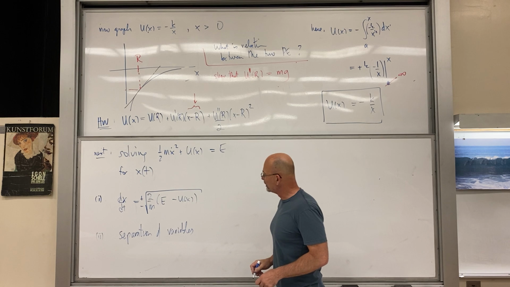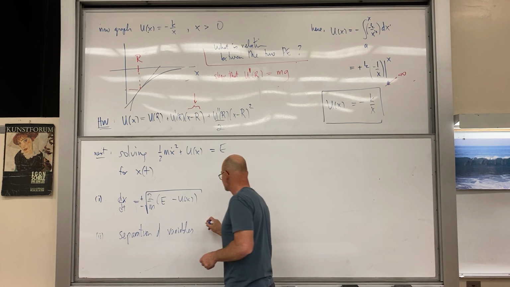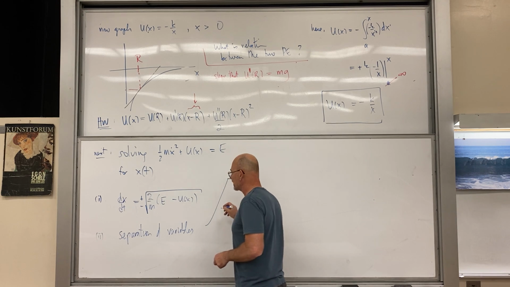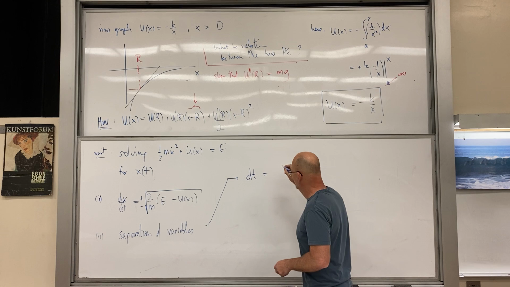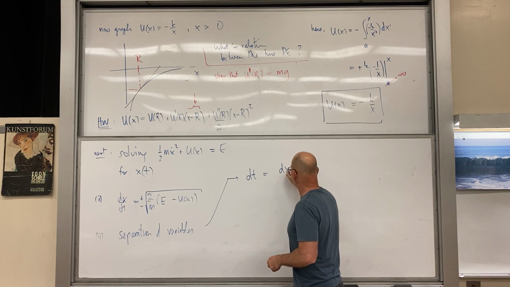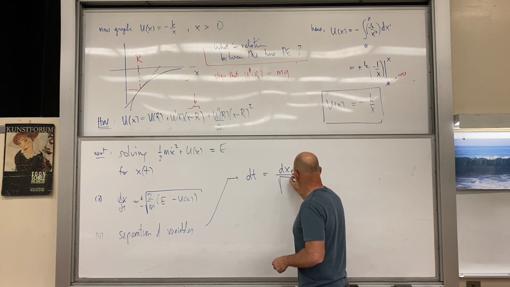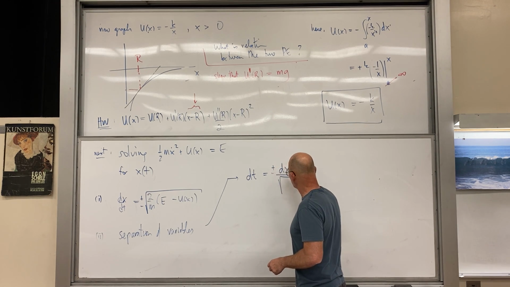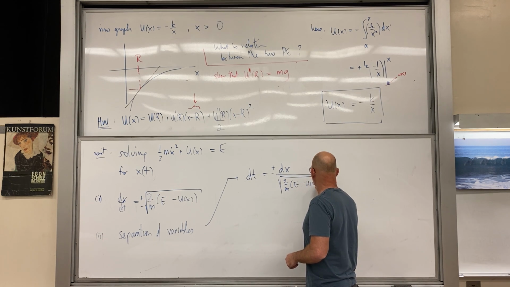And here what we do is we get the x's on one side and the t's on the other. So here we could say dt is equal to dx divided by root, and you know we still need the plus minus, 2 over m e minus u of x.